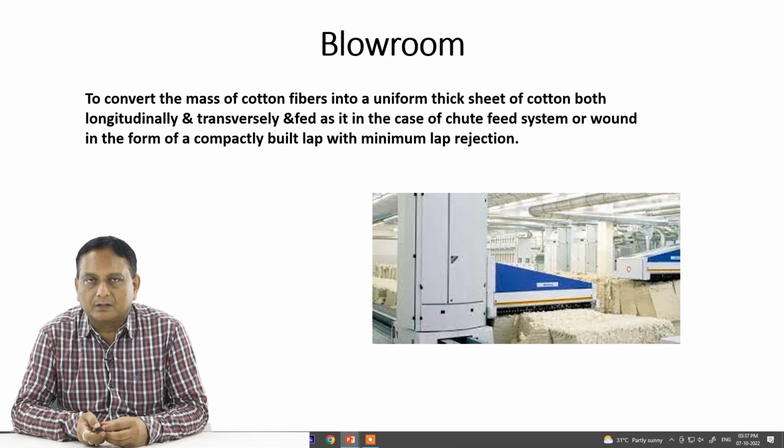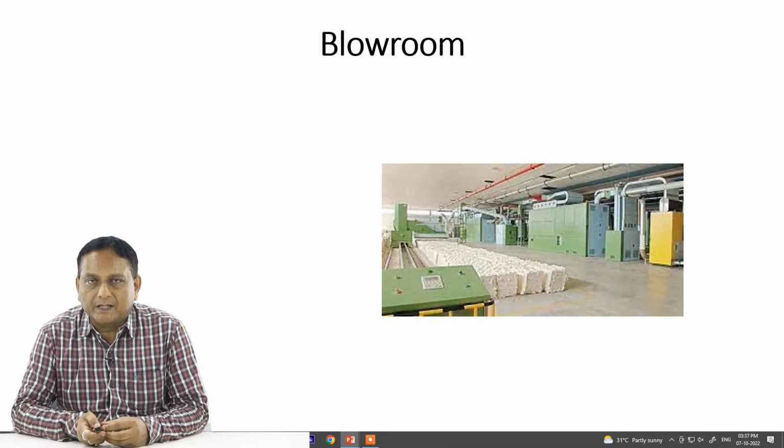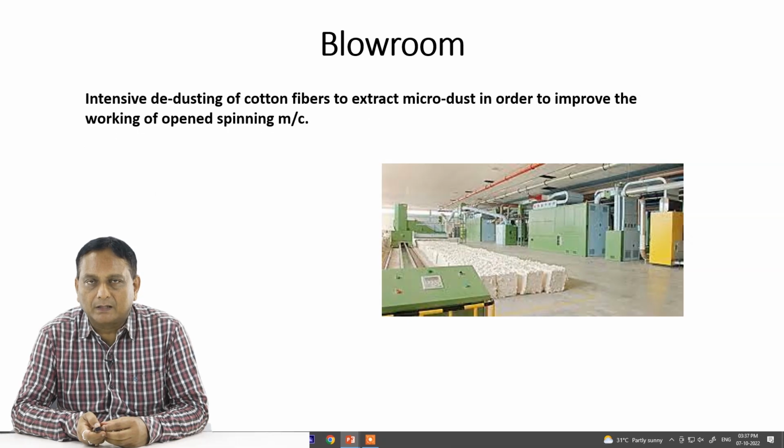So this is the conversion of different forms in the blow room operations. As we can see, the blow room operations are there in the photograph. Intensive de-dusting of cotton fiber happens to extract micro dust in order to improve the working of the subsequent spinning machines. So that is one of the objectives of the blow room.